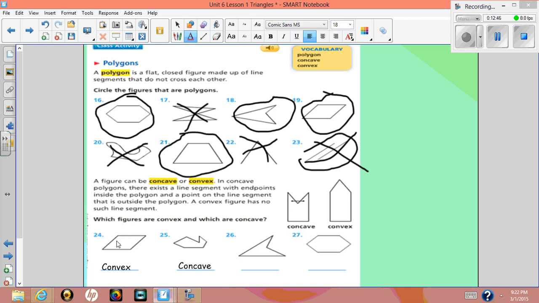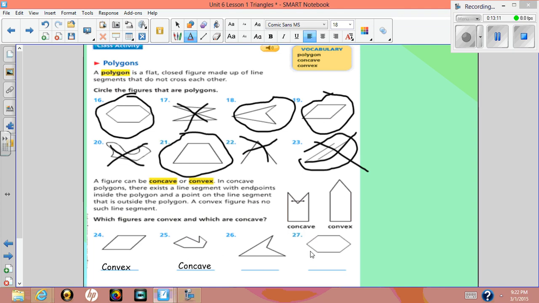I've done 2 here. This particular polygon is a convex polygon. No sides exist within the line segment endpoints. 25 has one section that exists within the endpoints, so that is called a concave.